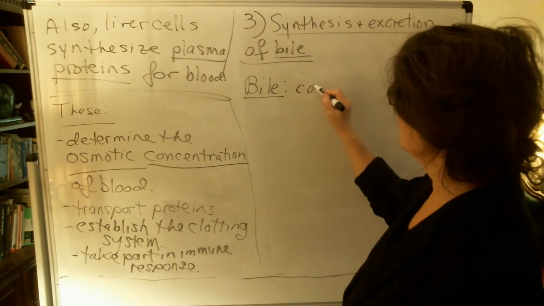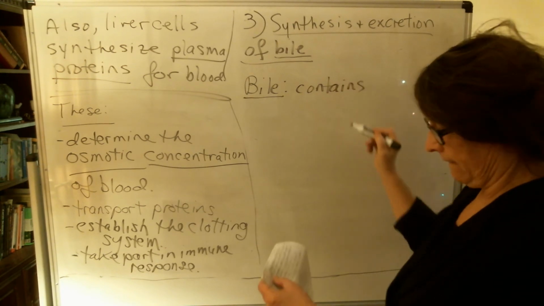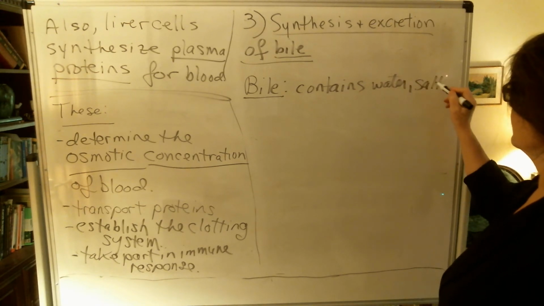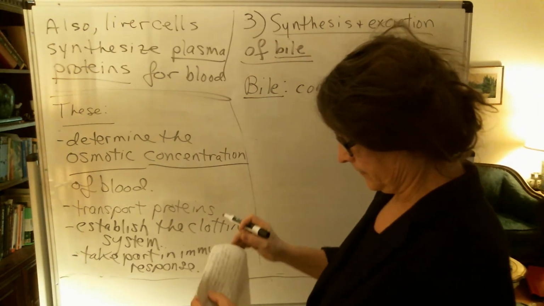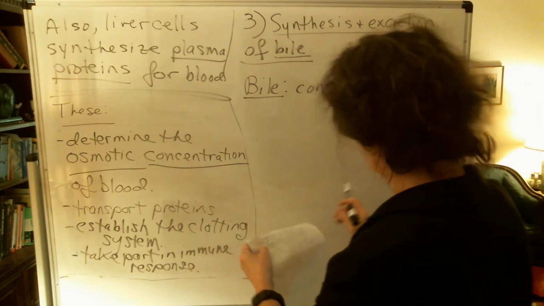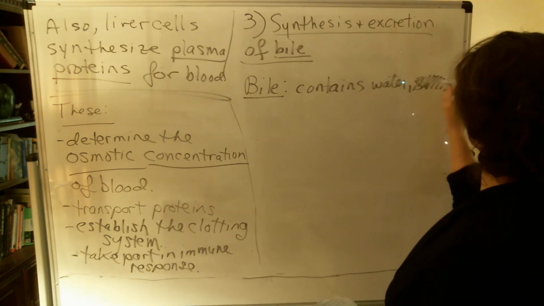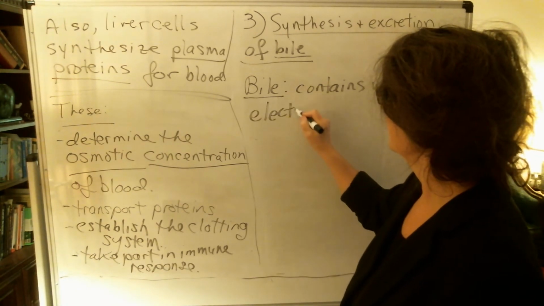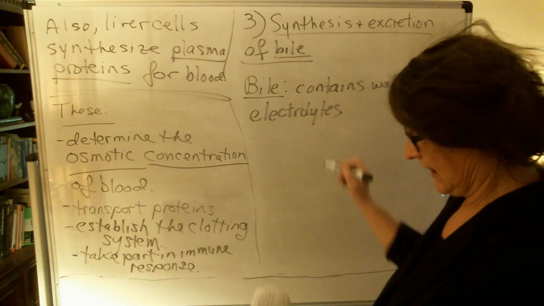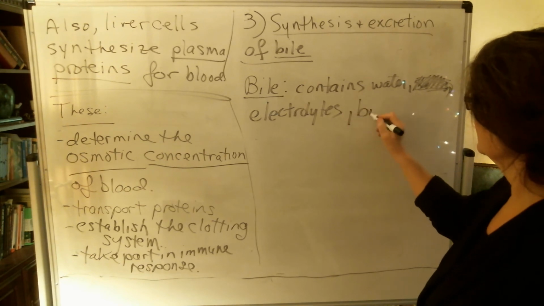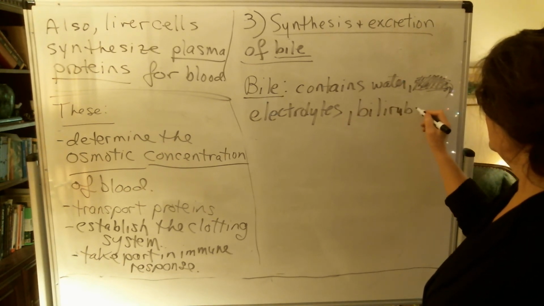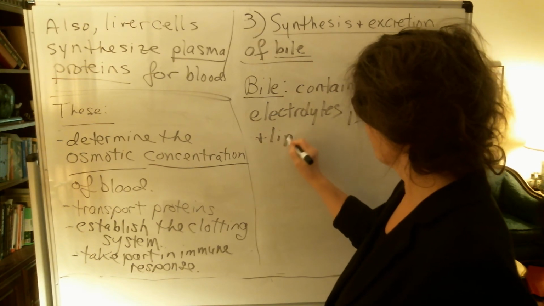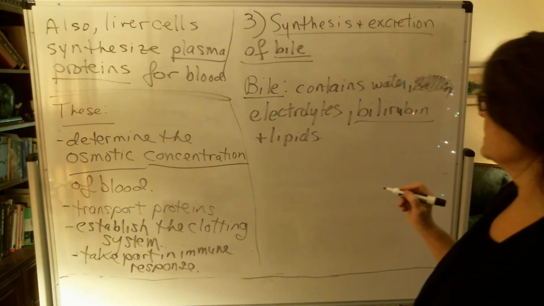So bile then contains water, electrolytes, the odd waste product bilirubin, and lipids.